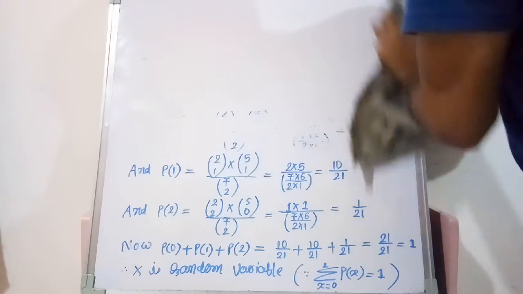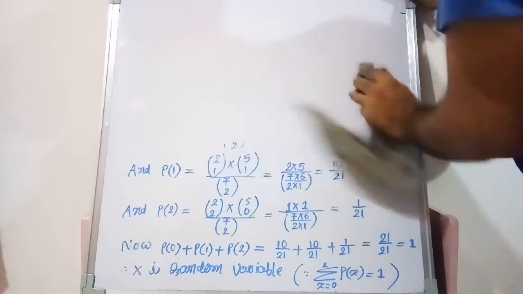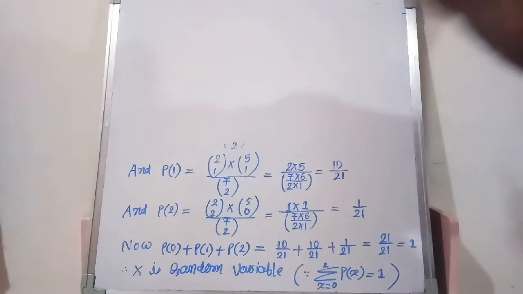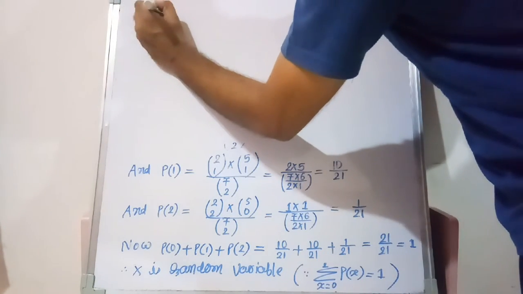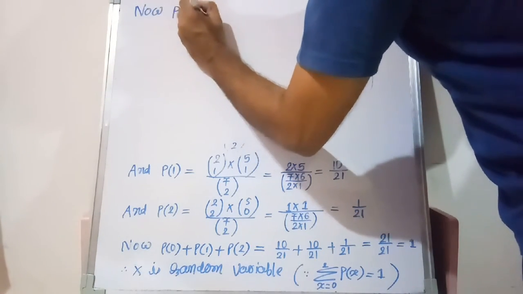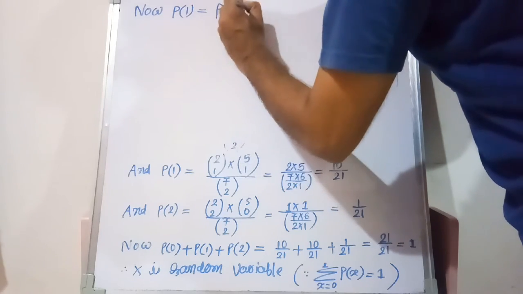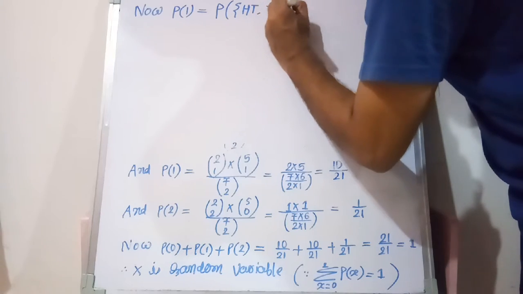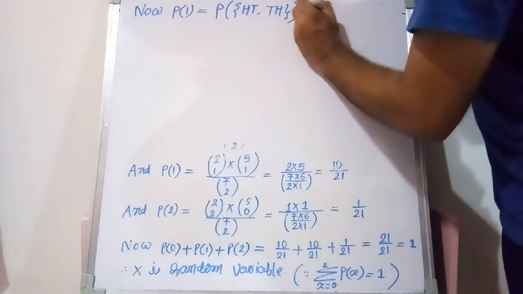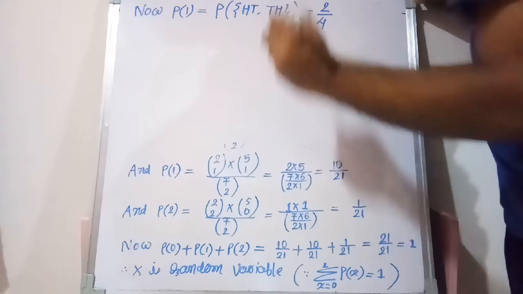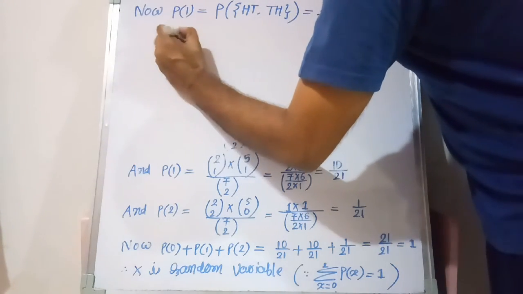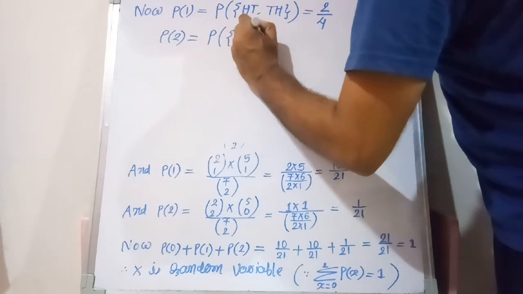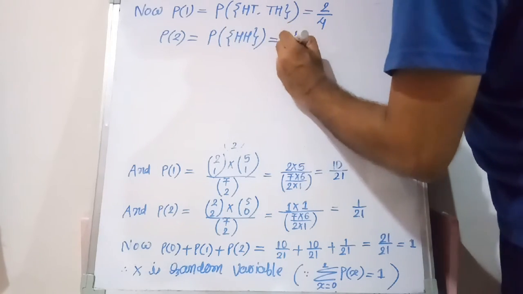You can say that first time head, second time tail, or first time tail and second time head, and that is, I think, 2 by 4. It is very easy. The probability of getting 2 heads means both times head, that is a possible outcome, 1 by 4.